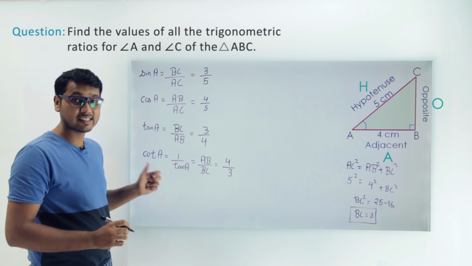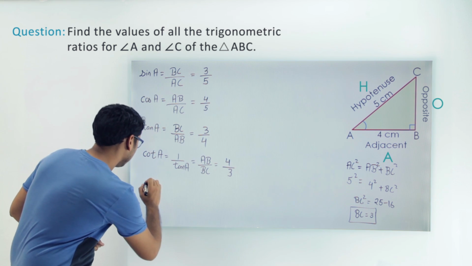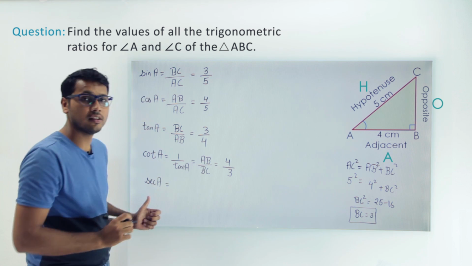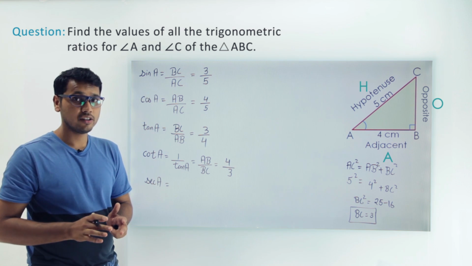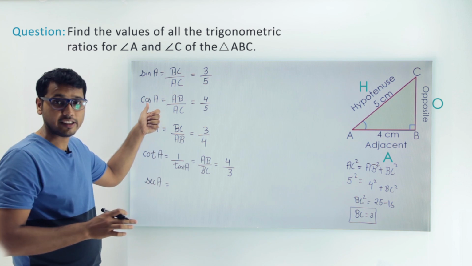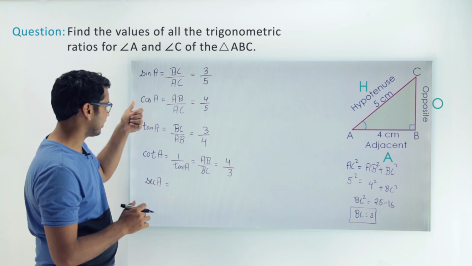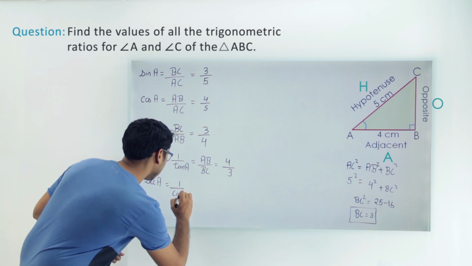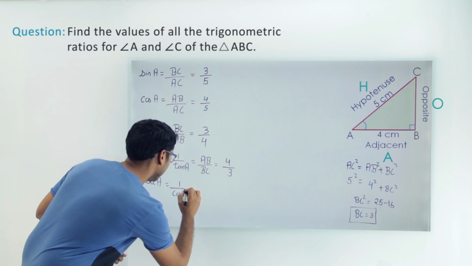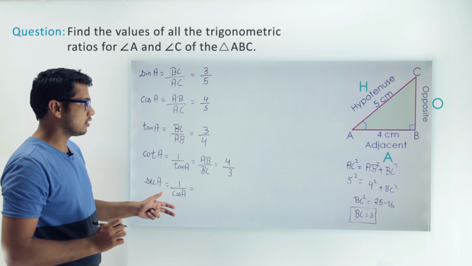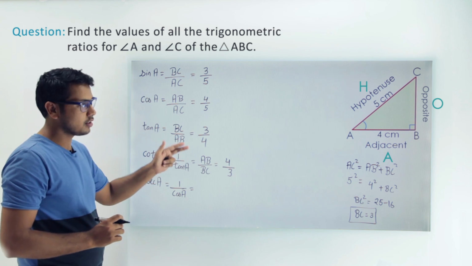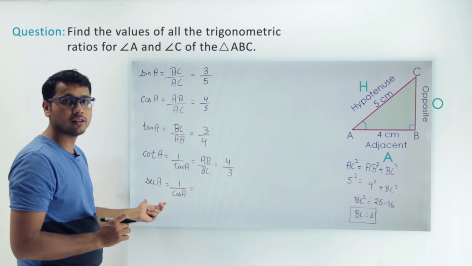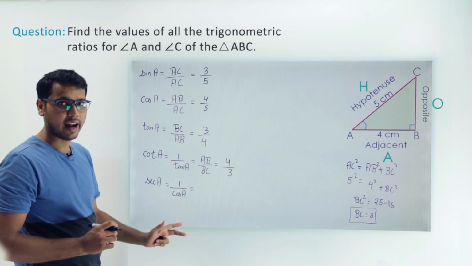Now next thing is sec A, and the value of sec A has to be found out by doing the reciprocal of cos A. This will be 1 upon cos A. The value of cos A was adjacent upon hypotenuse, so the value of sec A will be hypotenuse upon adjacent.